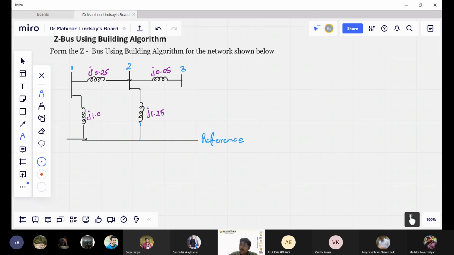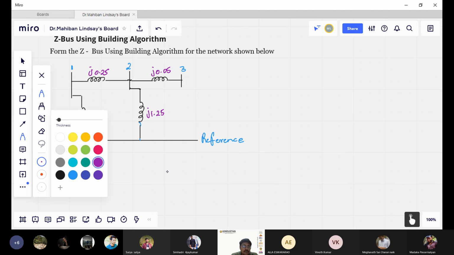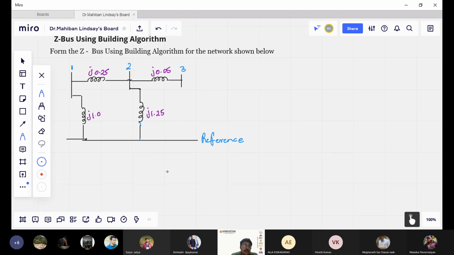Right. Therefore, I am going to form this Z bus using the building algorithm through various steps. I am writing these steps one by one so that you can understand.